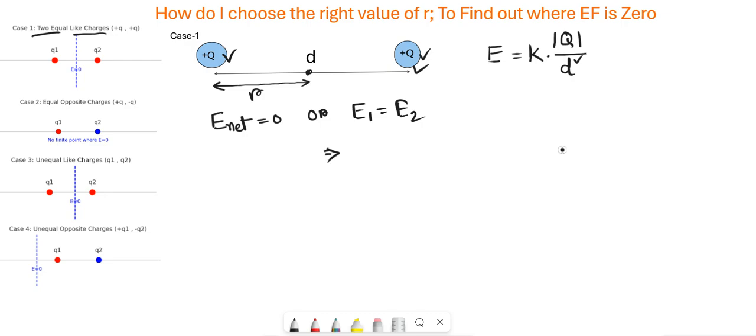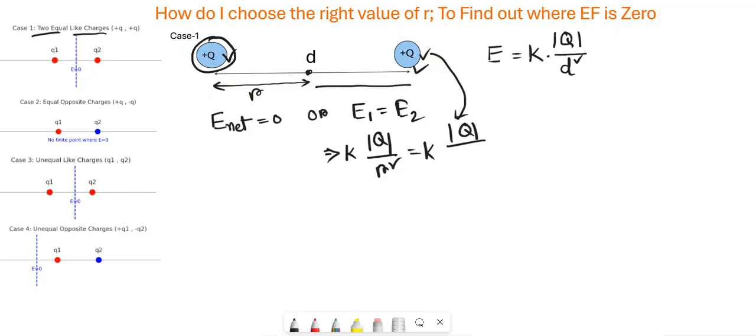So E1 equals K Q over R square, and E2 equals the constant K times Q, and obviously the distance will be the total D minus R, so D minus R whole square.